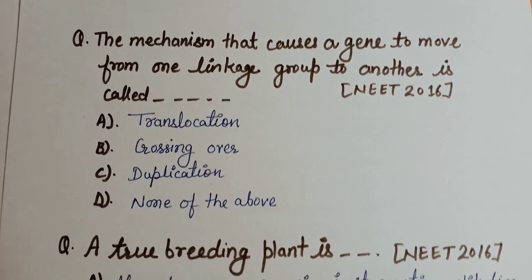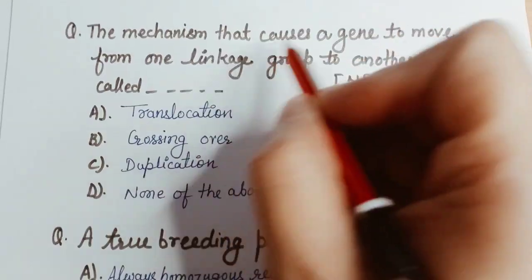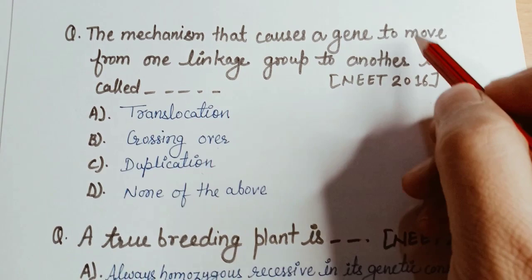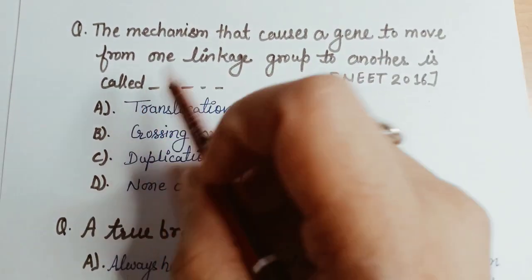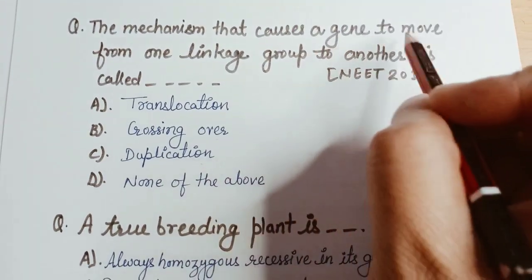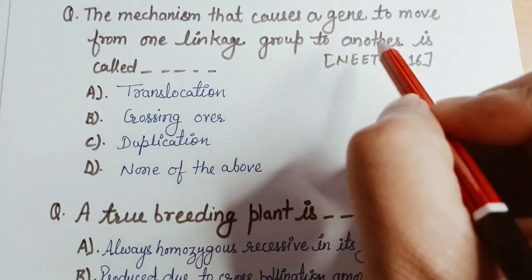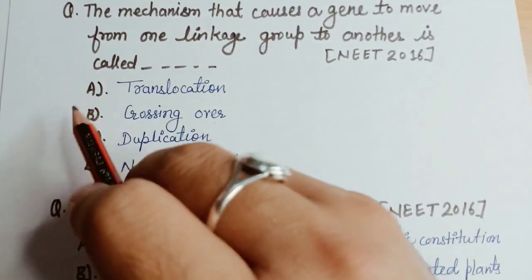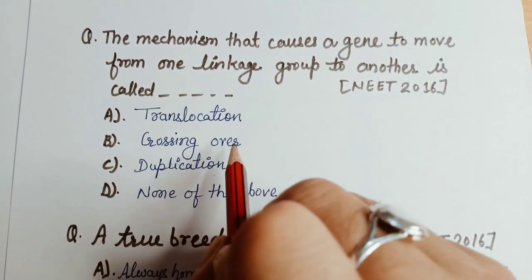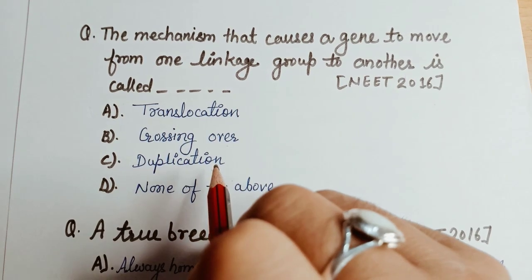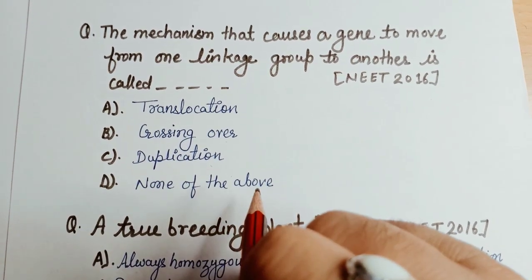Next question is, the mechanism that causes a gene to move from one linkage group to another is called option A. Translocation, B. Crossing over, C. Duplication, or D. None of the above.